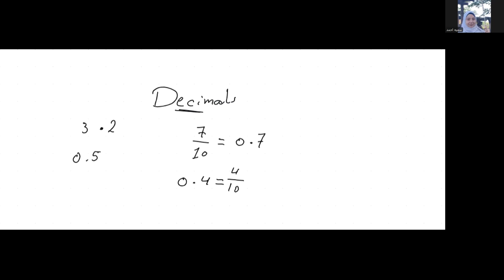We learned also the 2 digits after the decimal point.